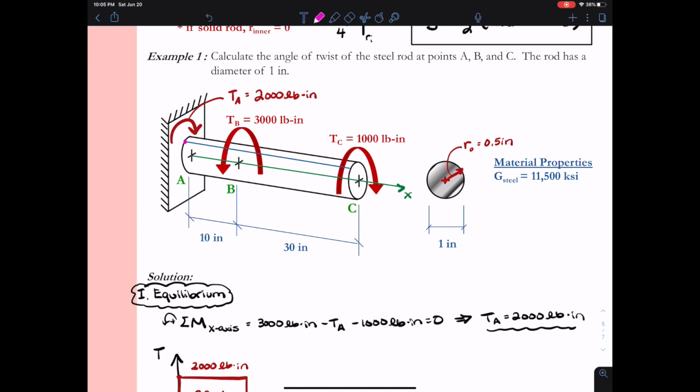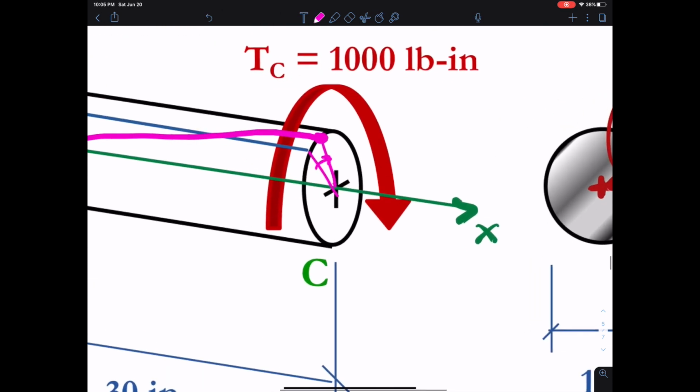Then as I move back to point C, I'm expecting it to rotate clockwise. And my final answer was clockwise, so I expect my final answer to have ended up clockwise of my original line there, along that blue line. I'll zoom in there. This angle here, the final rotation of the point, is the angle of twist at point C, phi C, that we calculated in this particular problem.